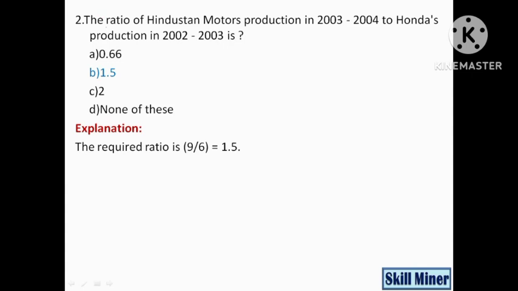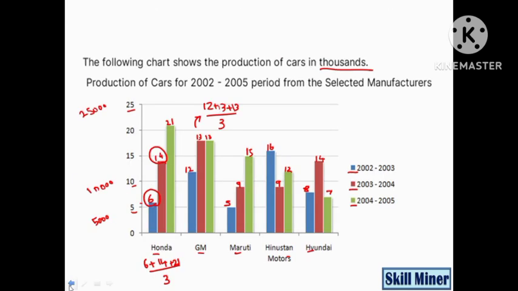Now come to the second question. The ratio of Hindustan Motor production in 2003 to 2004 to Honda's production in 2002 to 2003. Hindustan Motor production in 2003 to 2004 will be 9.